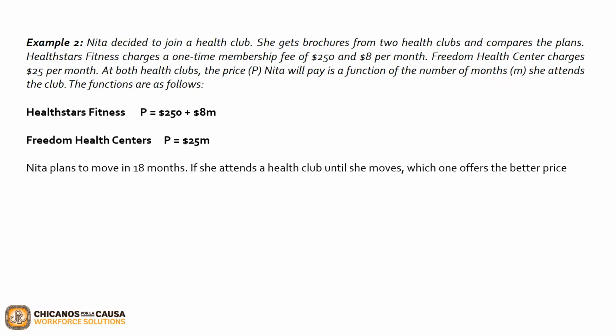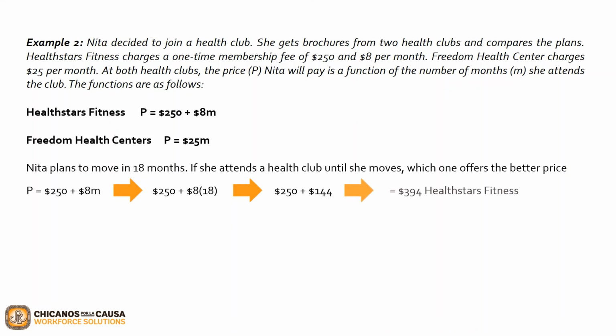Let's start with Health Stars Fitness. If we plug in the 18 for that M variable, we have 250 plus 8 times 18. This breaks down to $250 plus $144, which together is $394 for those 18 months at Health Stars Fitness. Now let's look at Freedom Health Centers.